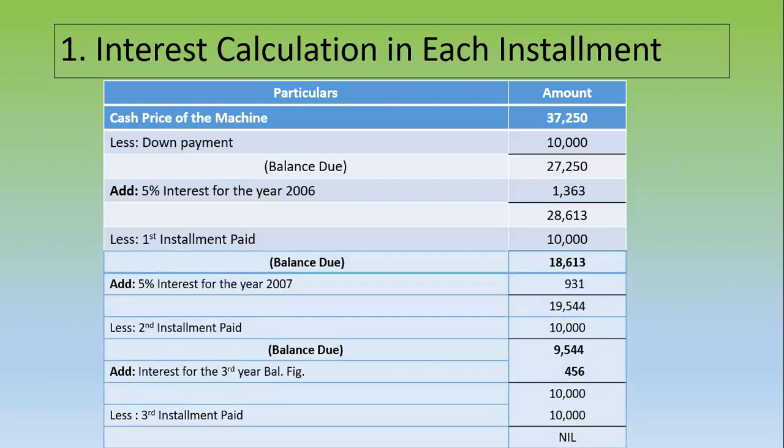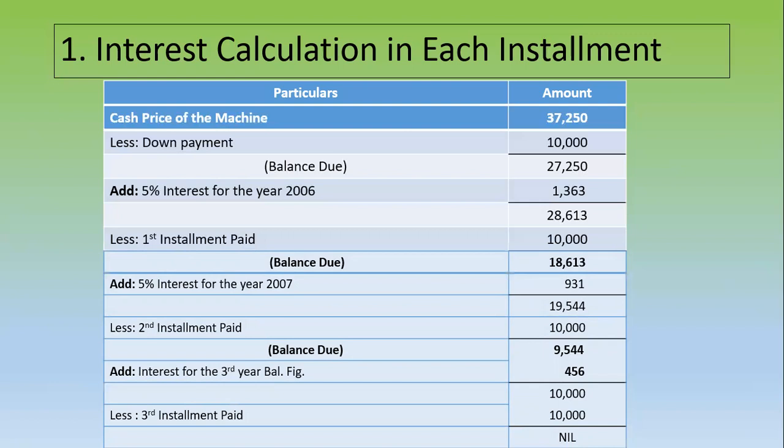Now we need to add second year interest of 5%. It will come to 931. So total will be 19,544. And then this second installment amount is 10,000. So balance due will be 9,544. Now third installment also they are paying 10,000.